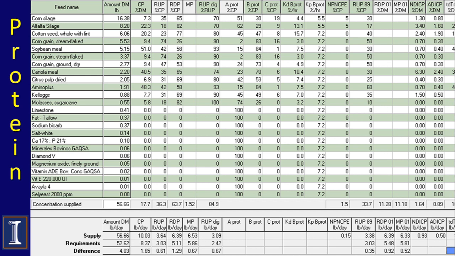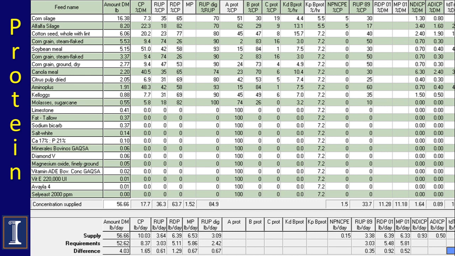Now don't lose sight of the next column. To me, this is the power. MP stands for metabolizable protein. Here comes your model. So this is estimating what the bacteria are going to produce and what's happening to the RUP in the digestive tract. And you can see we're overfeeding by about 2/3 of a pound of RUP. That's a lot. And in this situation, we would like to drop these protein numbers on back.